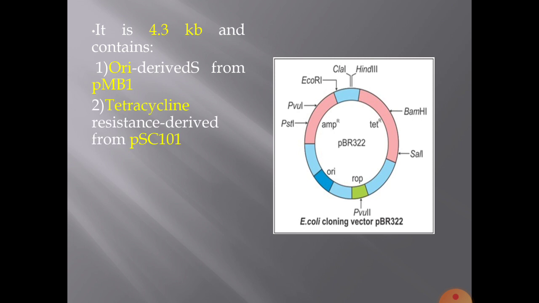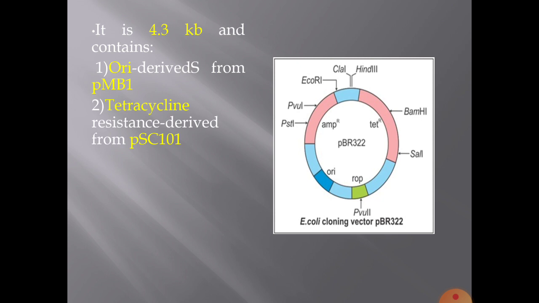Then second, it has a tetracycline resistance gene. You can make out here in the diagram the tetracycline resistance gene, the almost pink colored structure. This is derived from pSC101. Students, I have already told you none of the vectors exist naturally. You have to pick up different elements from different sources and design the vector of your choice.